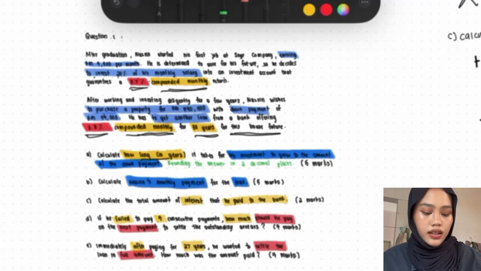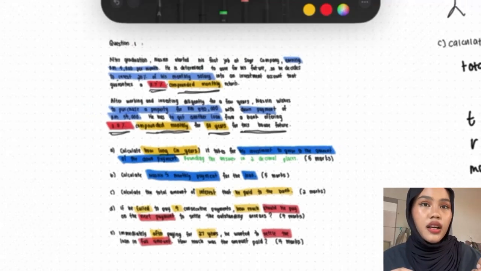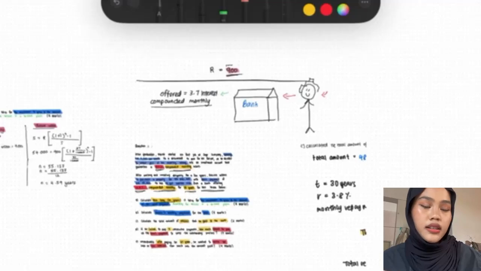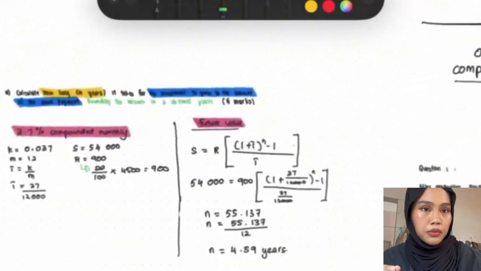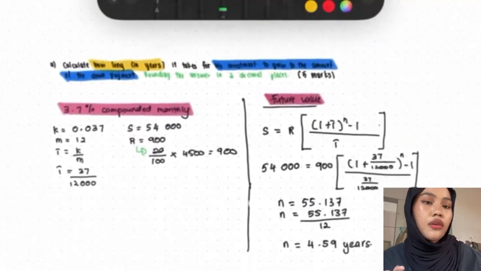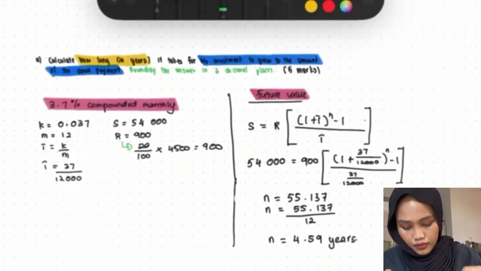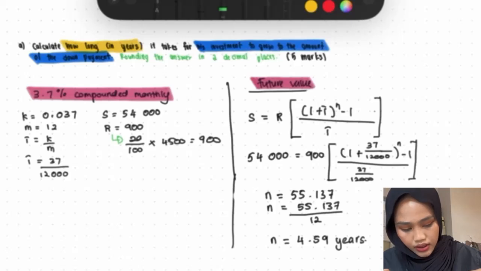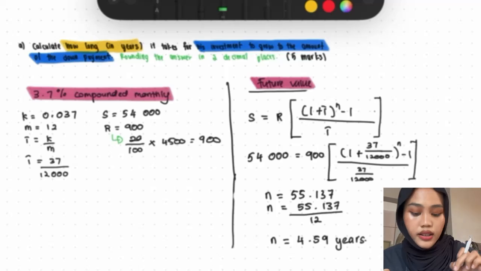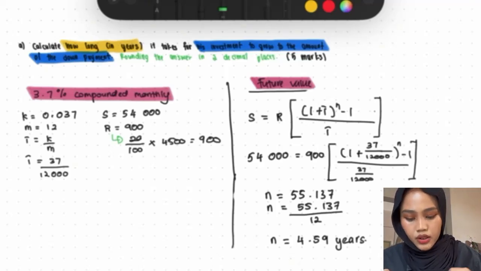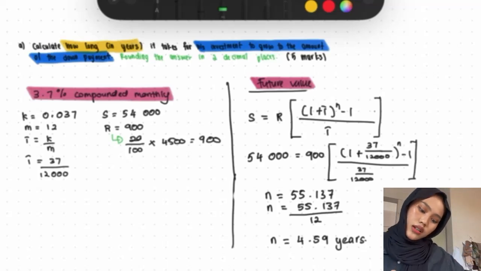So here we can think that Nazreen wanted to invest for how long in years until he can use the investment money to pay the down payment of his house. Round the answer to two decimal places.